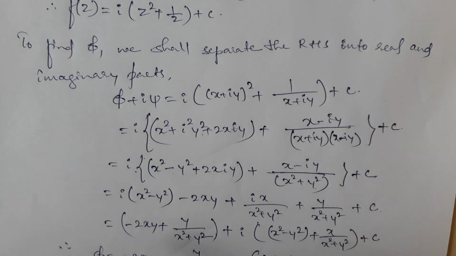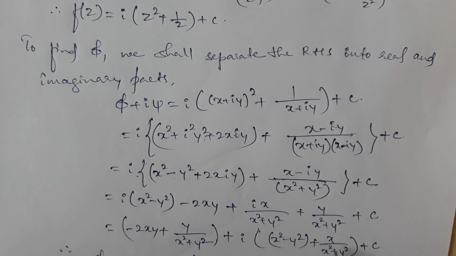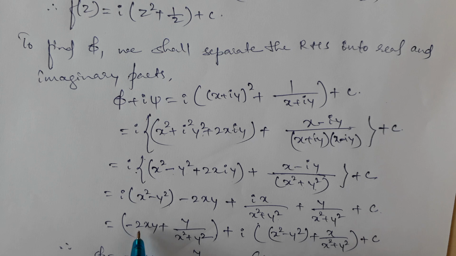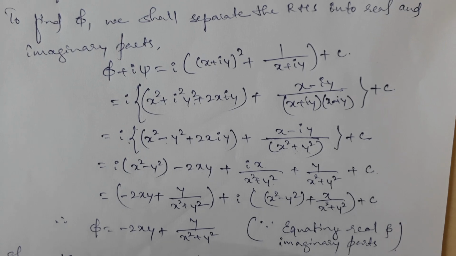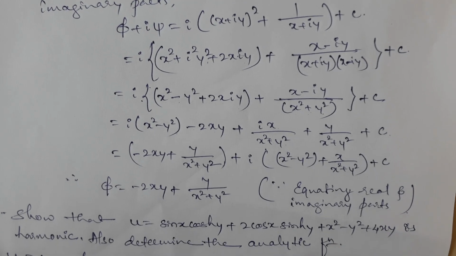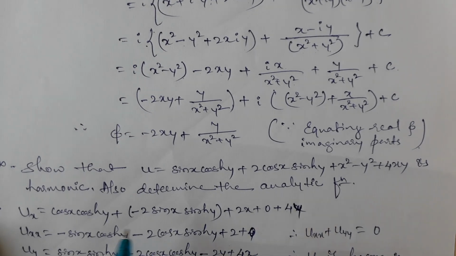Now compared to the given example, that is i psi, this is the imaginary part, and the remaining term, that is the real part, that is phi equal to minus 2xy plus y by x square plus y square, by equating real and imaginary parts.